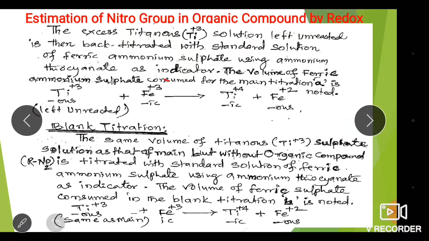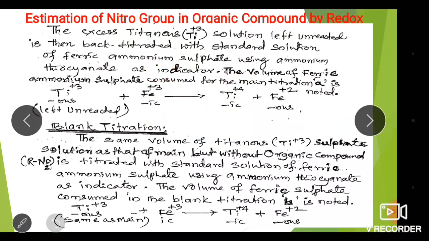The ferric ammonium sulfate solution gets reduced to Fe2+ ion, and Ti3+ ion gets oxidized to Ti4+. So this is about the sample titration, the main titration.